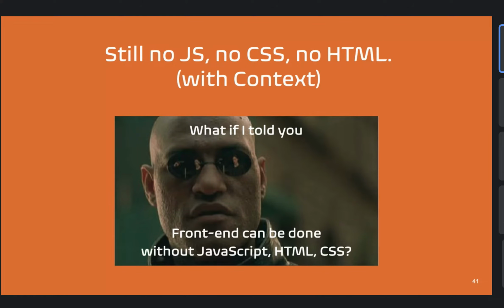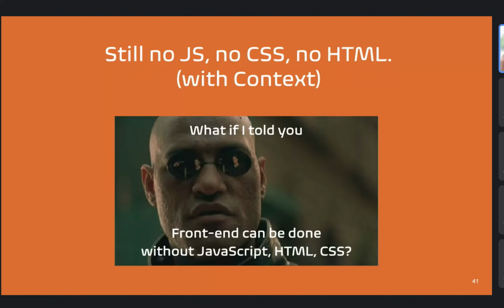Okay, so we are still working without JavaScript, CSS, and HTML in the front end, but we added contexts. So let me explain. The slide that you see in the middle is a proposition that I used when I started using Elm 3 years ago.